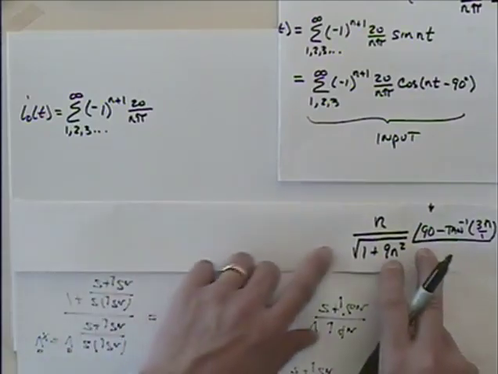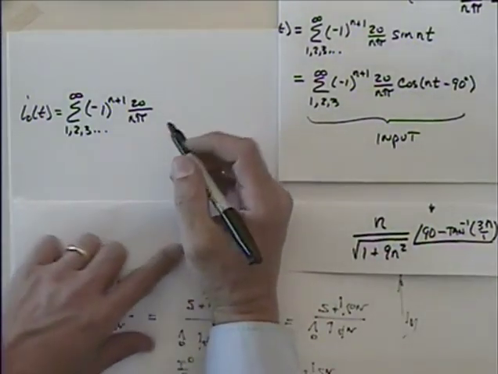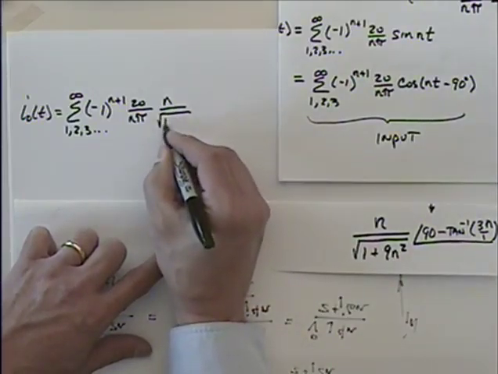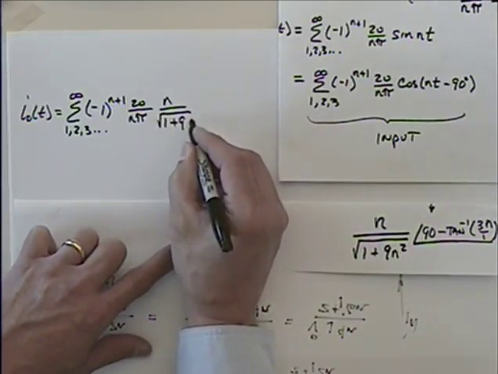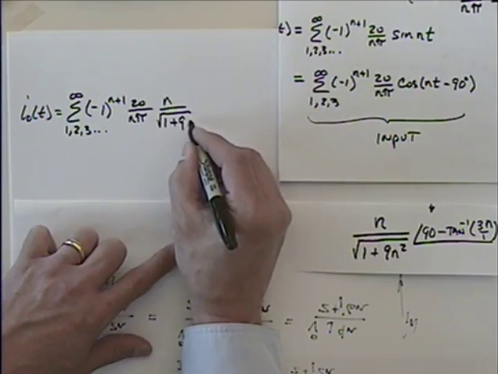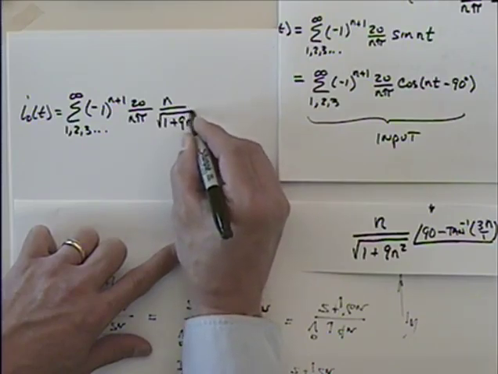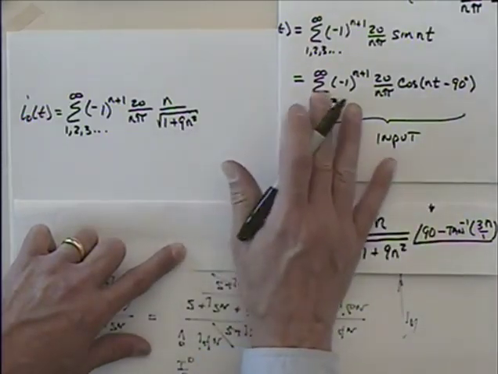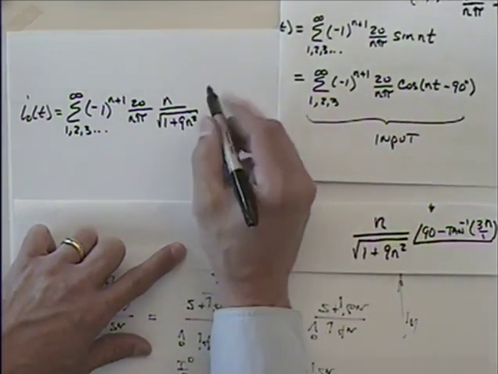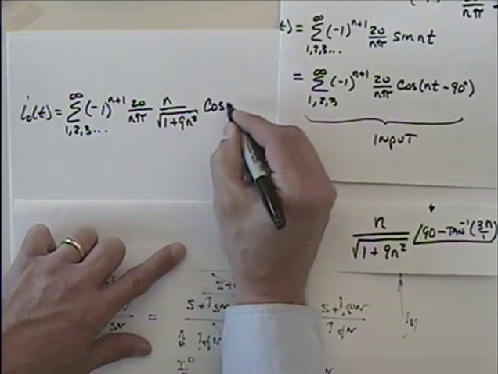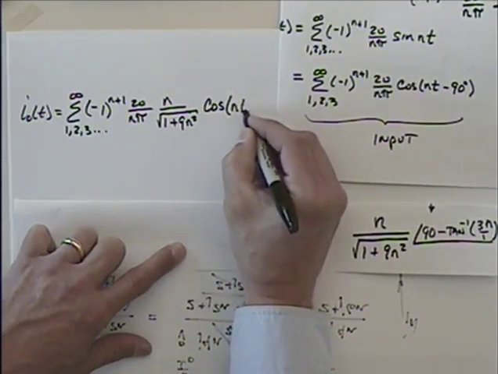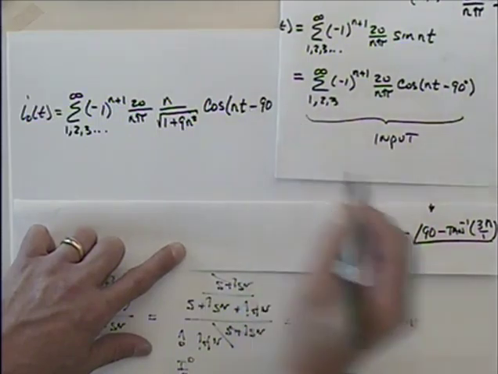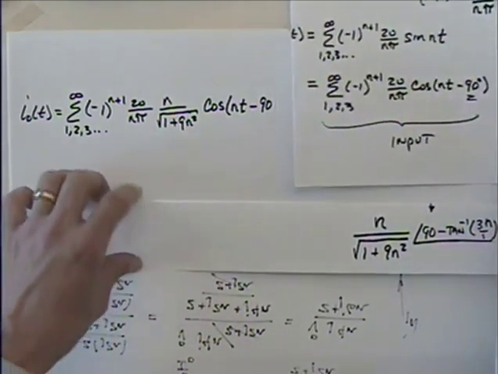And then I'm modifying the magnitude by this, so I better put that in there: n divided by the square root of 1 plus 9, that was the 3 squared, n squared. And then I have the cosine function. So I have the cosine of nt, and then I have to subtract 90. That's from right there. I'm done with that piece.